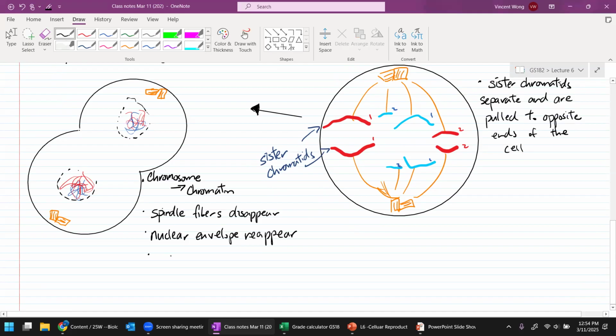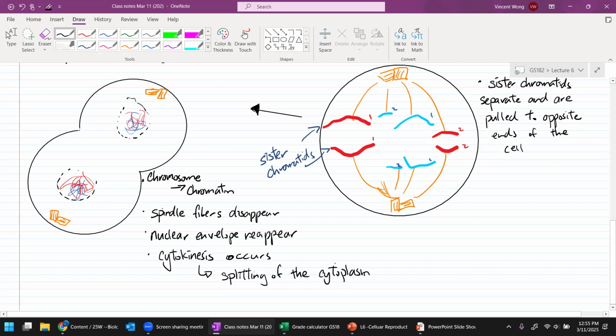And finally, there's a new word here, cytokinesis occurs. Cytokinesis is the splitting of the cytoplasm.